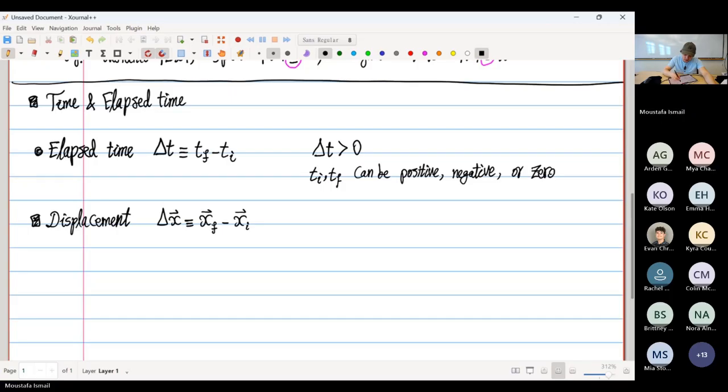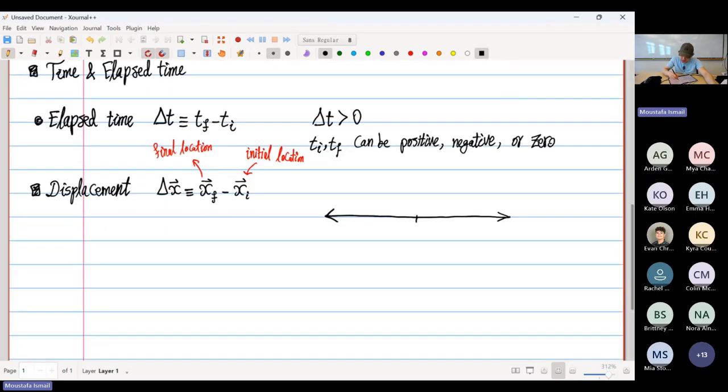So x initial is the initial position, or initial location, and x final is the final location. And we use a coordinate system to indicate the location. So this is a coordinate system with 0 as the origin.